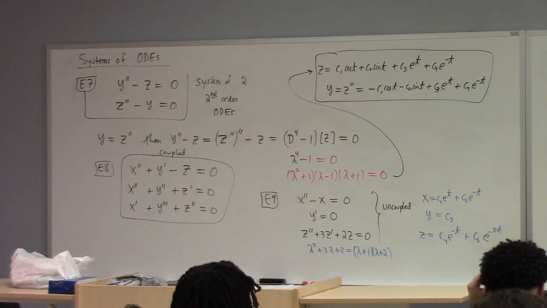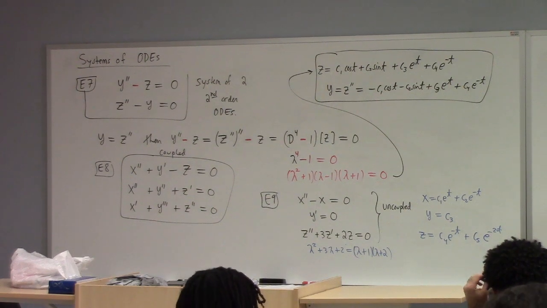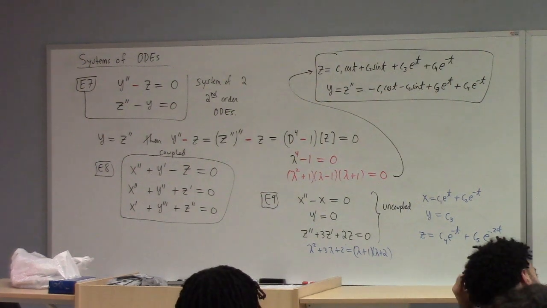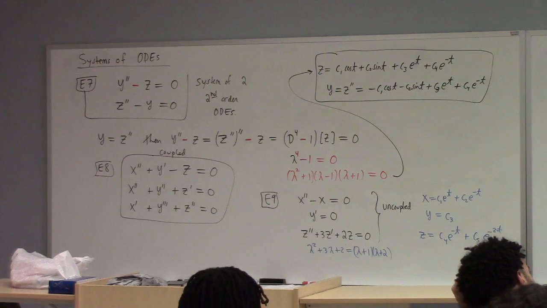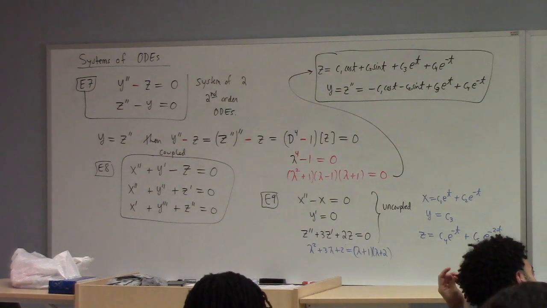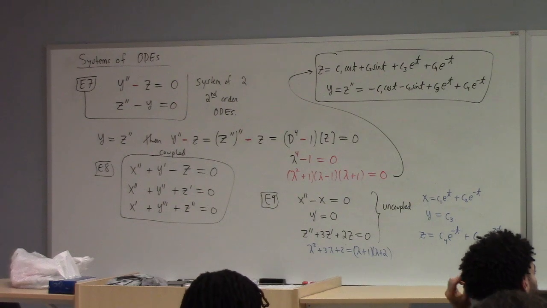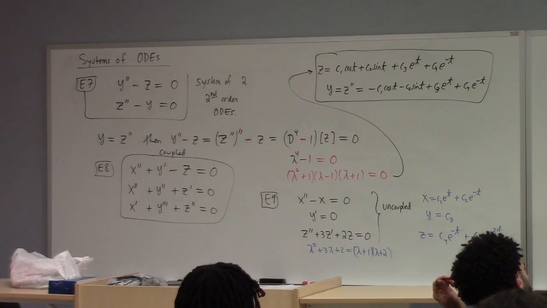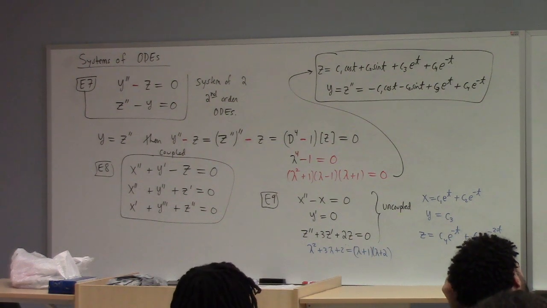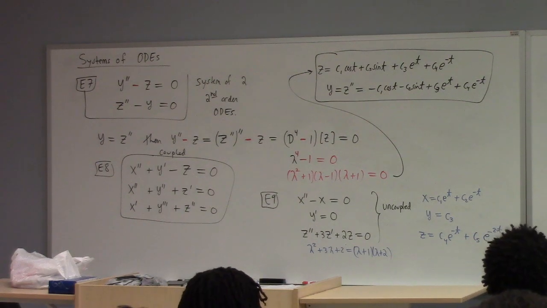This translates into x2 prime minus x3 equal to 0. And this one translates into x4 prime minus x1 equals 0, right?